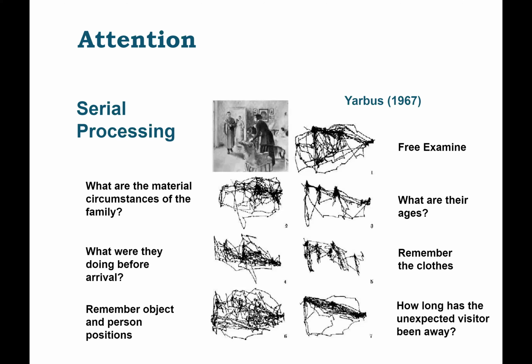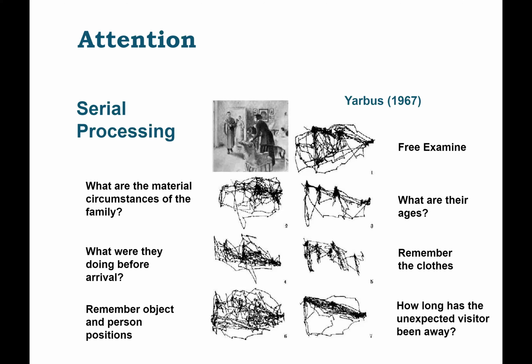A lot of these studies of attention and serial processing started from the work of Yarbus. He showed people a painting called An Unexpected Visitor, and asked them different questions.